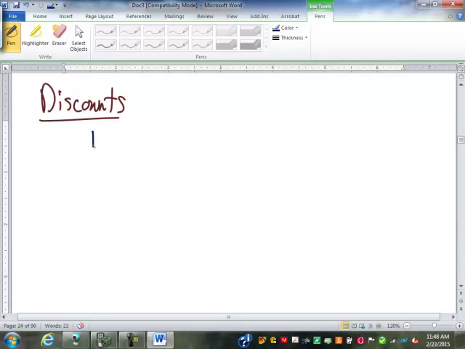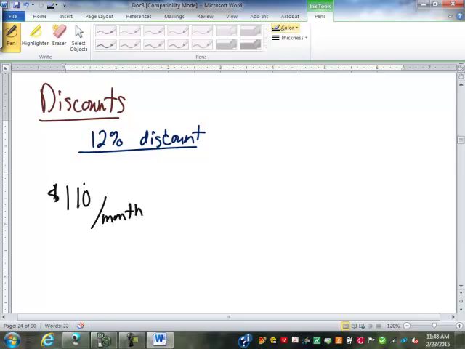So let's say that you have, through your employer, a negotiated 12% discount on your cell phone plan. So you're looking at plans, and you have a plan that would normally cost $110 per month. You want to know what it's going to cost after your discount.